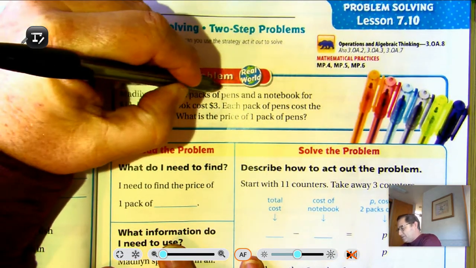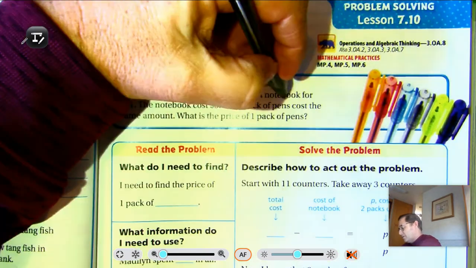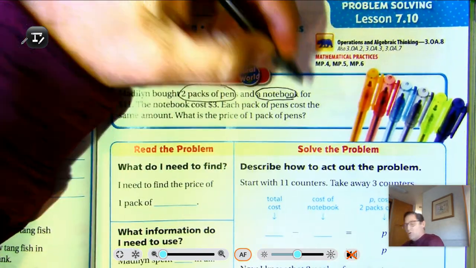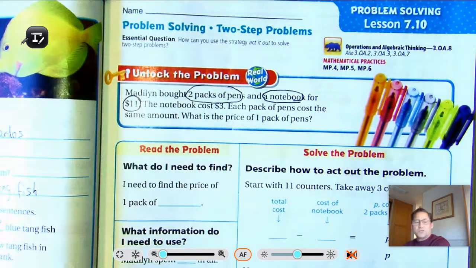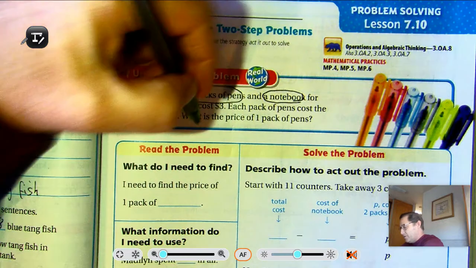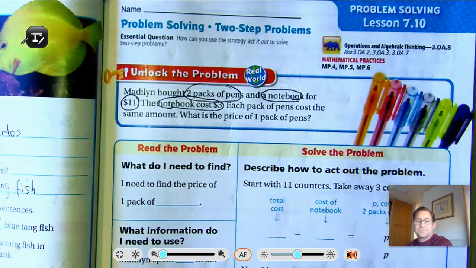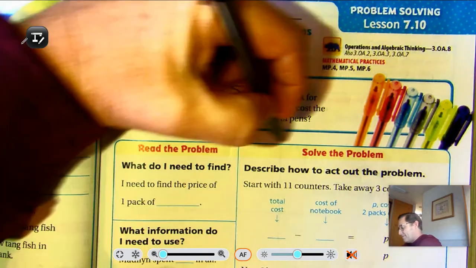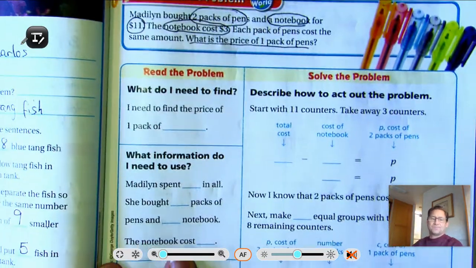We know she bought 2 packs of pens. She bought a notebook. That means one. She spent $11 total. And we know the notebook costs $3. We have to find the cost of 1 pack of pens.